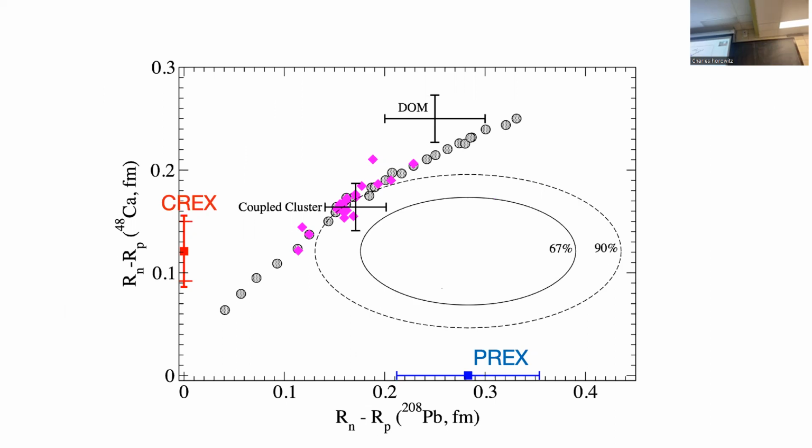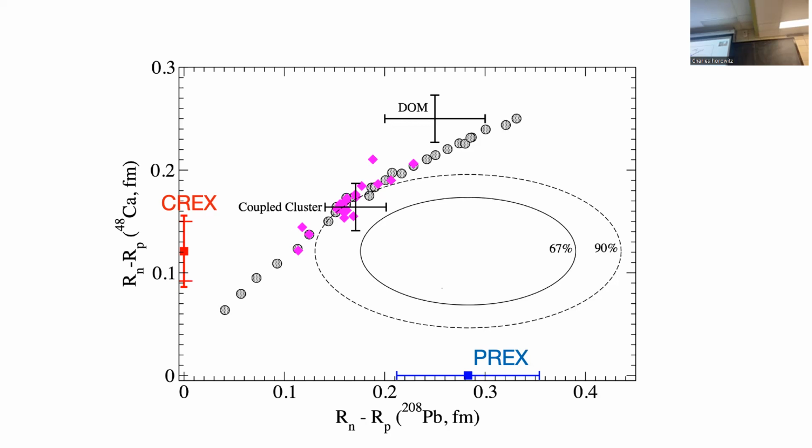But still, the coupled cluster calculations, the Oak Ridge group, they've now done coupled cluster calculations for lead. And so you have to be careful. These error bars are actually pretty correlated, so I really should have drawn this diagonal or something. But nevertheless, this is more or less consistent.